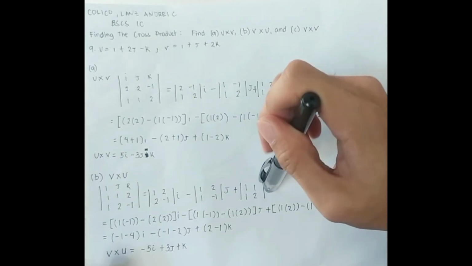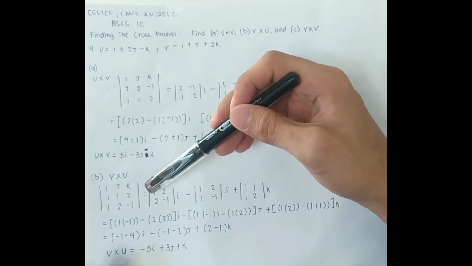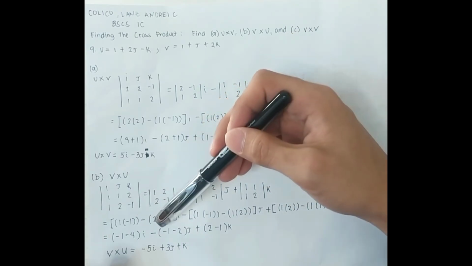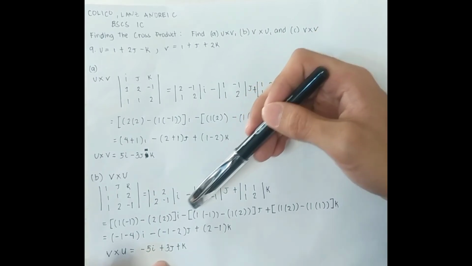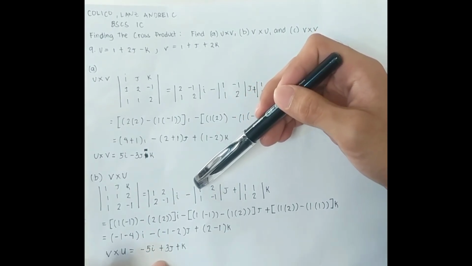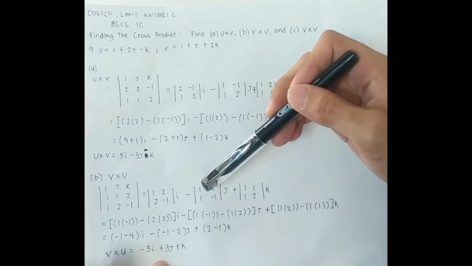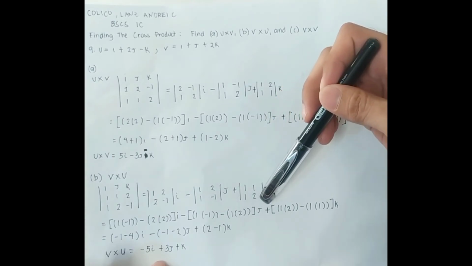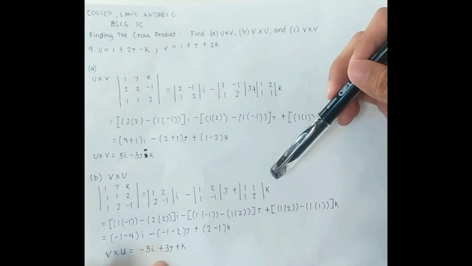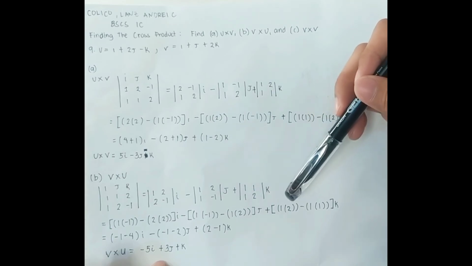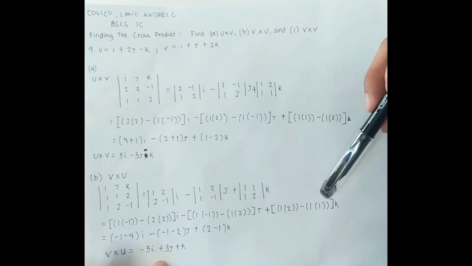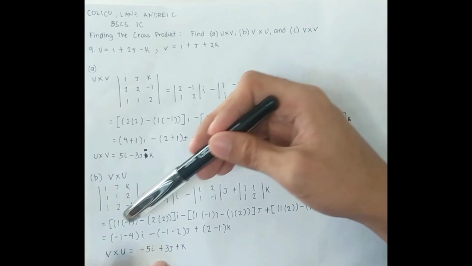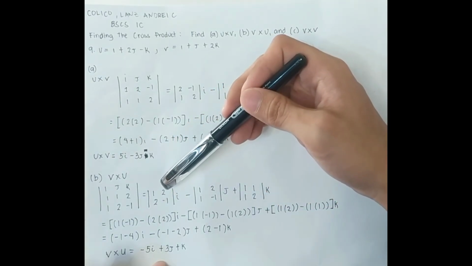So we will apply the cross multiply. 1 times -1 minus 2 times 2 I. So for I, then minus for J, so 1 times -1 minus 1 times 2, that is for J, plus for K, to find K, so 1 times 2 minus 1 times 1 K. Then to solve for I, 1 times -1, that will be -1, and 2 times 2 is 4.